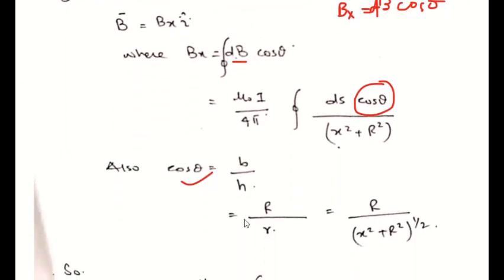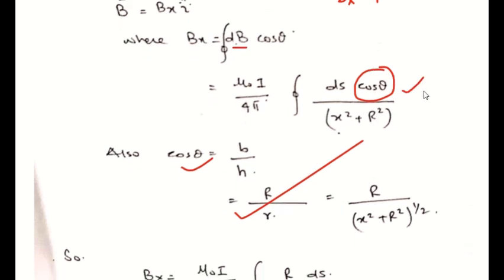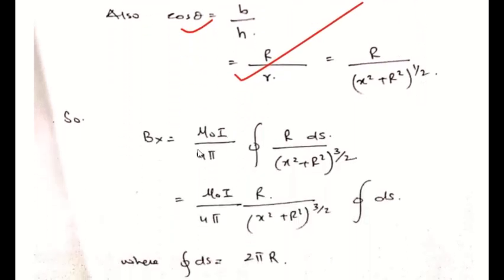So here I can easily replace this cos of theta using capital R over small r, and small r is x square plus R square under the root. Now putting this value in this equation, we will get Bx is equal to mu naught I over 4 pi closed integral R over x square plus R square to the power 3 by 2, because 1 by 2 plus 1 will give me 3 by 2.